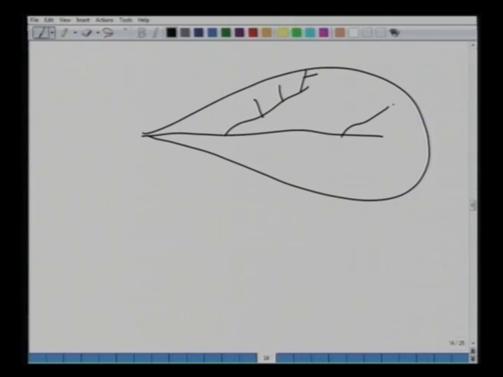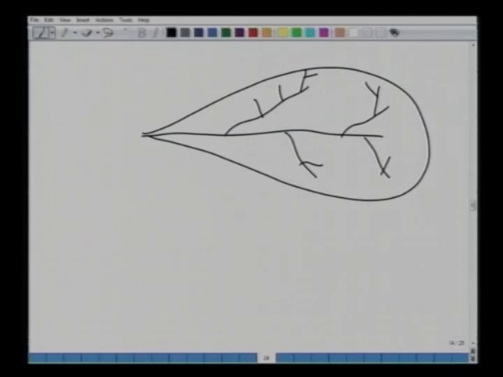Similarly, other places like this. Okay. So, this is your network of streams. All right. So, upstream you have very small channels, and then as you go downstream you will have the bigger channels. All right. So, how do we order it? Using the Horton's stream ordering number. Well, the smallest recognizable channel is 1.